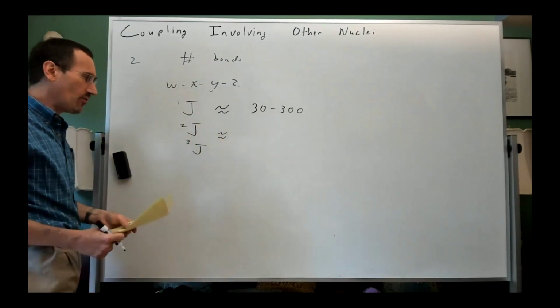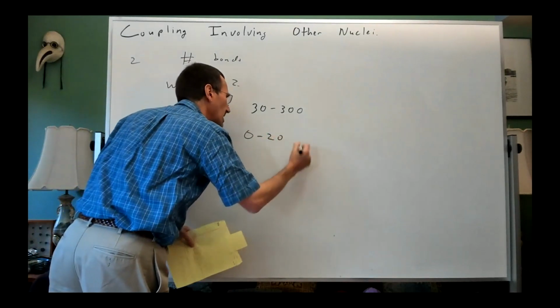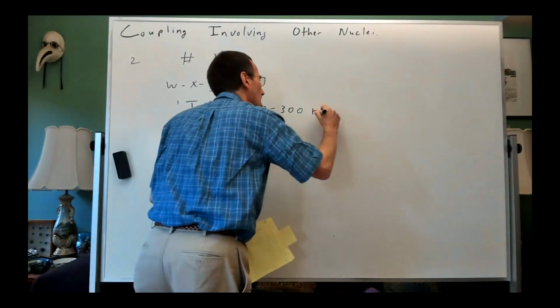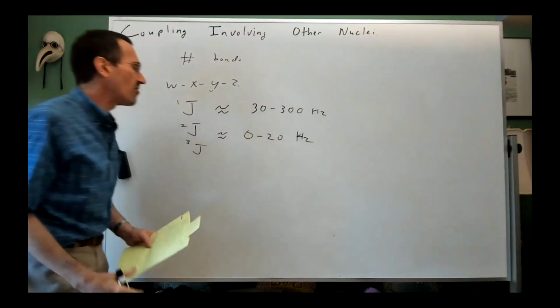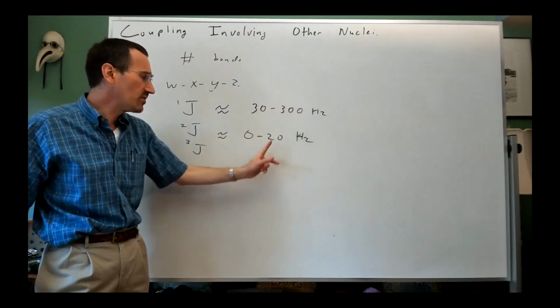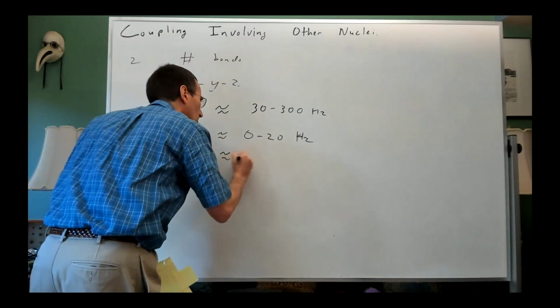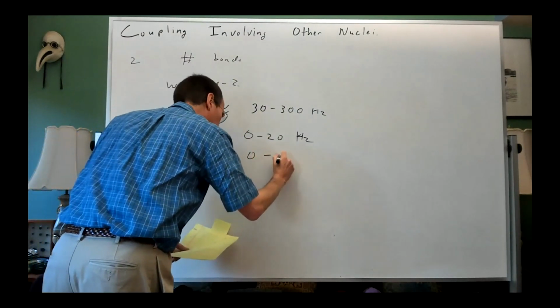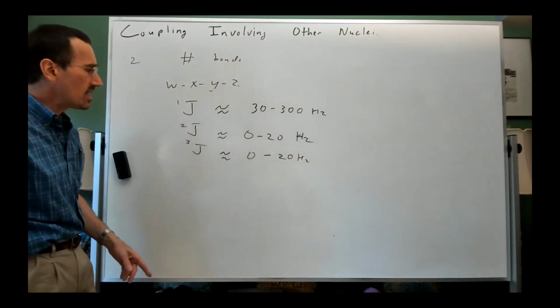I'm about to show you 47 as an example. But these are very rough ballparks, and you could go out of this ballpark by a factor of 2. But for both of these, 0 to 20 hertz might be the sort of number to keep in mind.